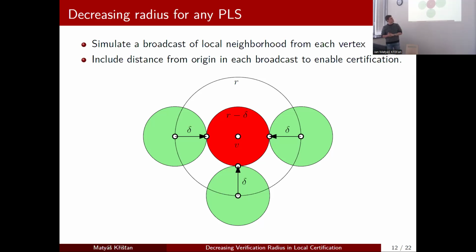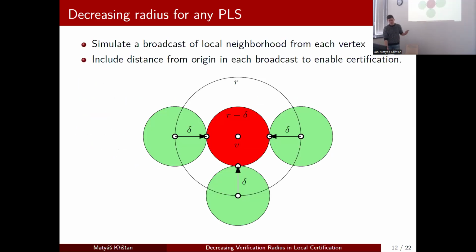The idea is not super complicated. Every node will simulate a sort of broadcast of its neighborhood to distance delta. Then vertex V will see up to distance R minus delta, then see the certificates from the nodes in distance R, and use the certificates to compute the whole R distance neighborhood.